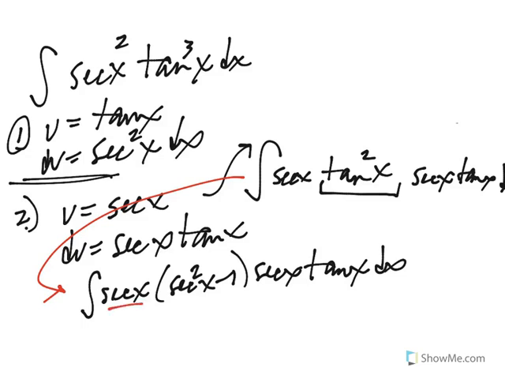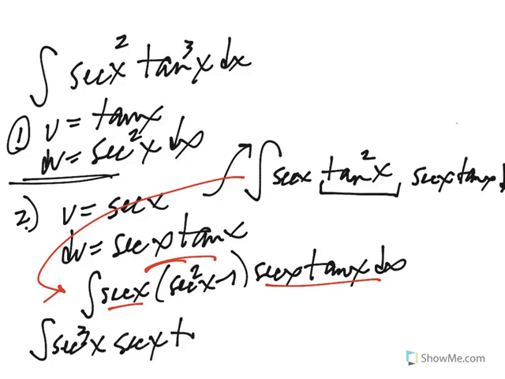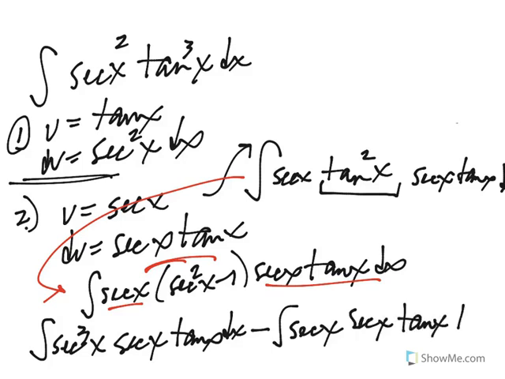I'm now going to take that entire product and distribute it over that difference, which is going to give me the integral of secant cubed of x times secant x tan x dx minus the integral of the secant of x times the secant of x tan x dx. In each case, the power of the secant does not matter. This will end up being u cubed. This will end up just being u. I hope that that's clear.